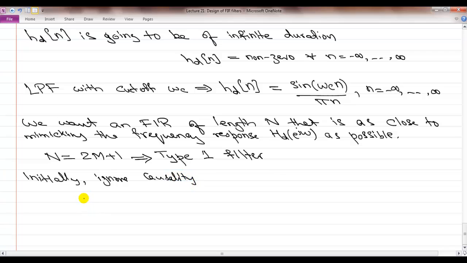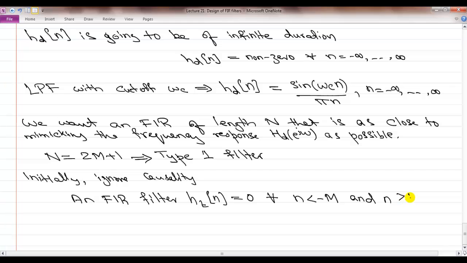So what we are interested in is an FIR filter h_t[n], which is equal to 0 for all n less than minus M and n greater than M. Why are we not worried about causality right now? Because it's a finite duration filter.